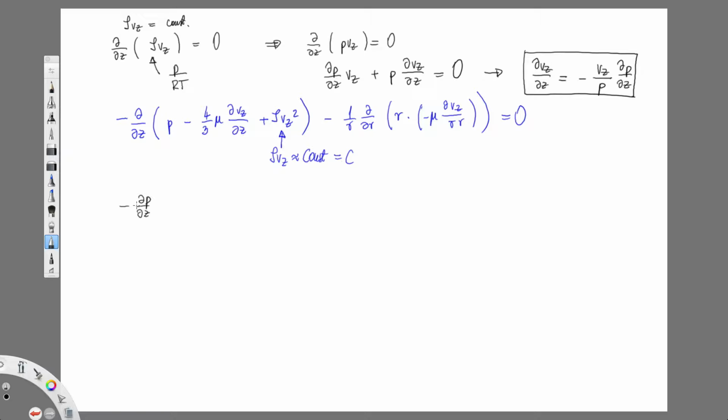This is minus partial p partial z plus 4/3 mu second order derivative of vz with respect to z. And then I'm going to apply this assumption, so it's a constant minus constant partial vz partial z. And this is plus mu over r partial partial r. I'm going to leave this as is.